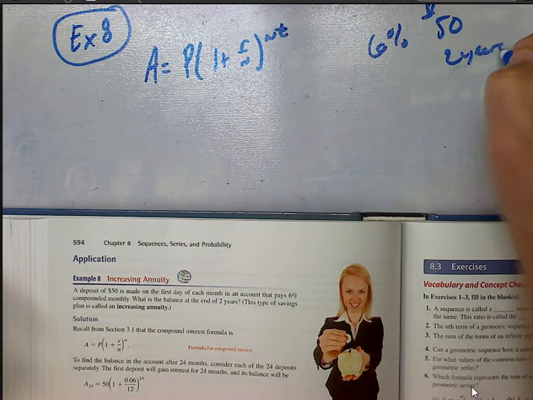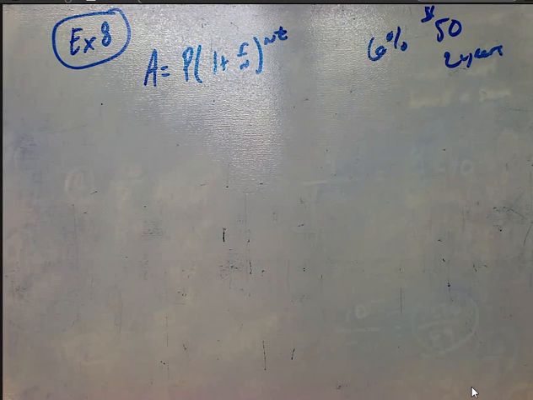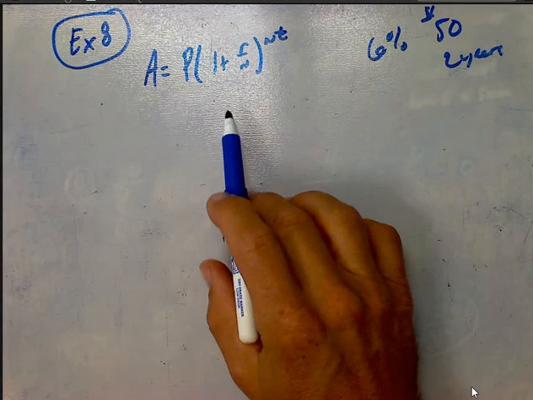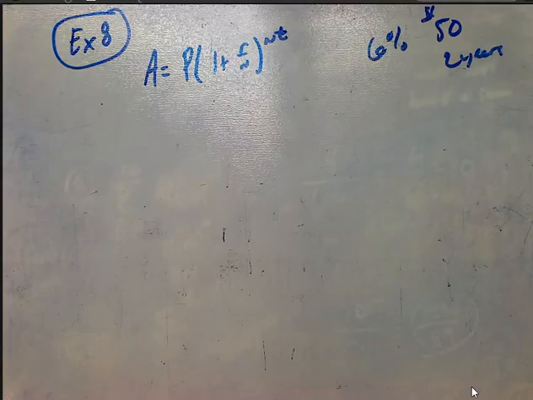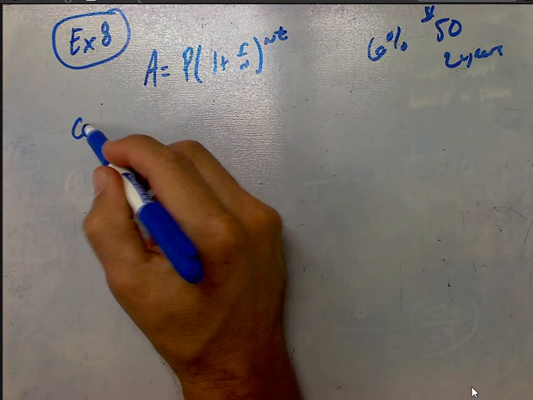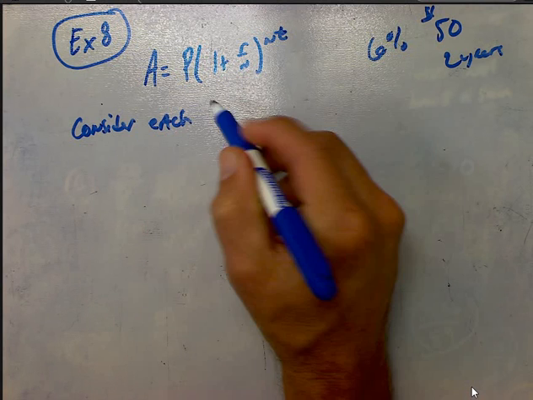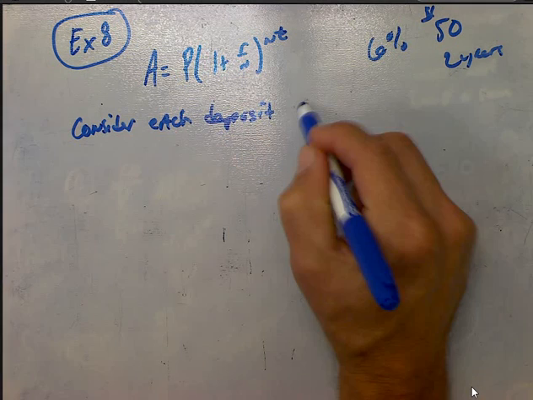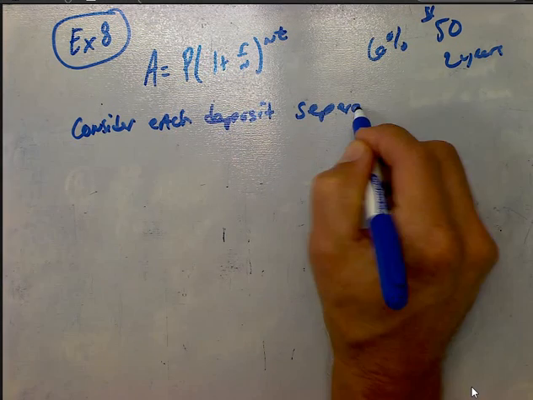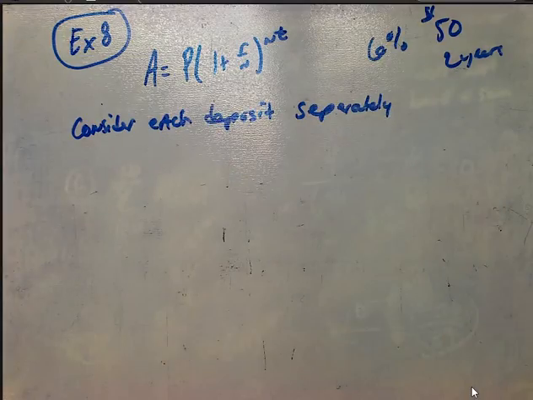Right. So we're going to come back to our formula for compound interest. This was the one that talks about being compounded at different rates. And so what we have to do is consider each deposit separately. Okay?